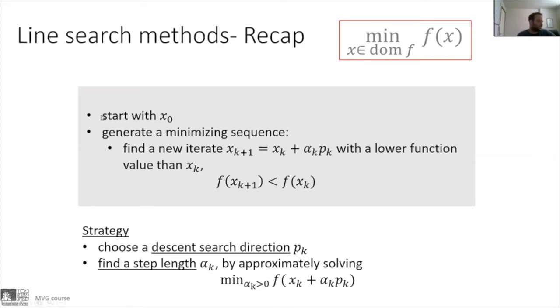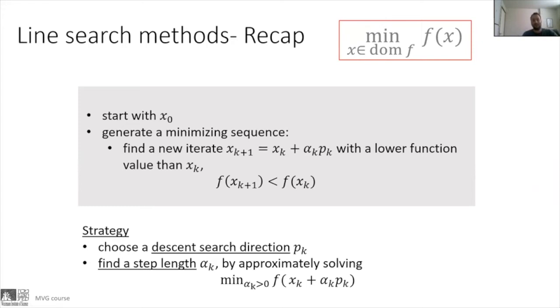All right, in the last lecture you discussed with Meirav a bit about a general optimization problem, and you have seen line search methods, and specifically we discussed the steepest descent method, or gradient descent. In the line search method, the scheme is very straightforward.